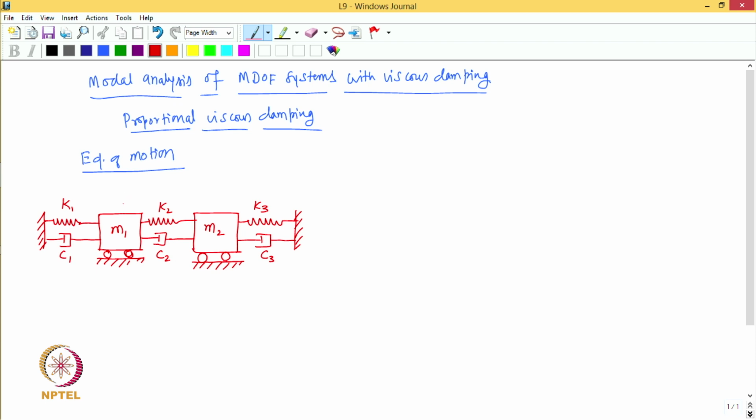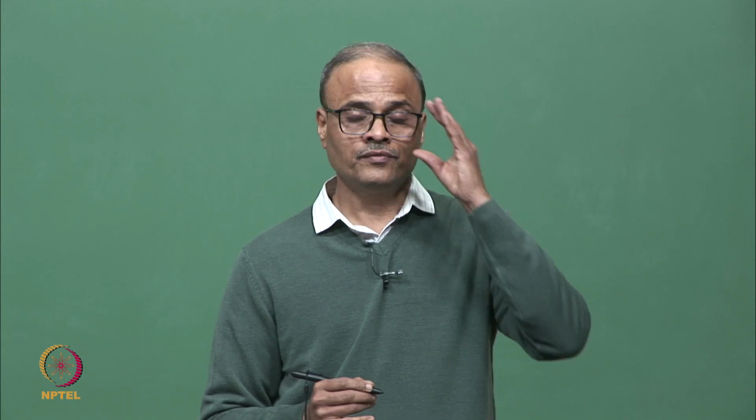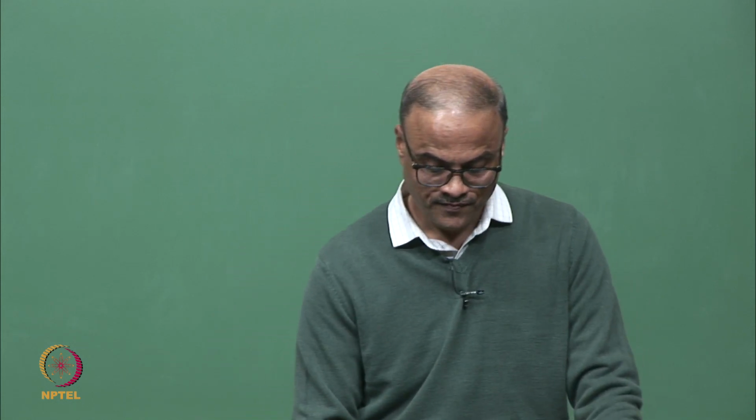Now let us say that mass m1 undergoes a displacement x1, has velocity x1 dot and acceleration x1 double dot. Similarly, this mass has displacement x2, velocity x2 dot and acceleration x2 double dot. Let us now draw free body diagrams of both the masses in a displaced state and identify the forces which would act on these masses.